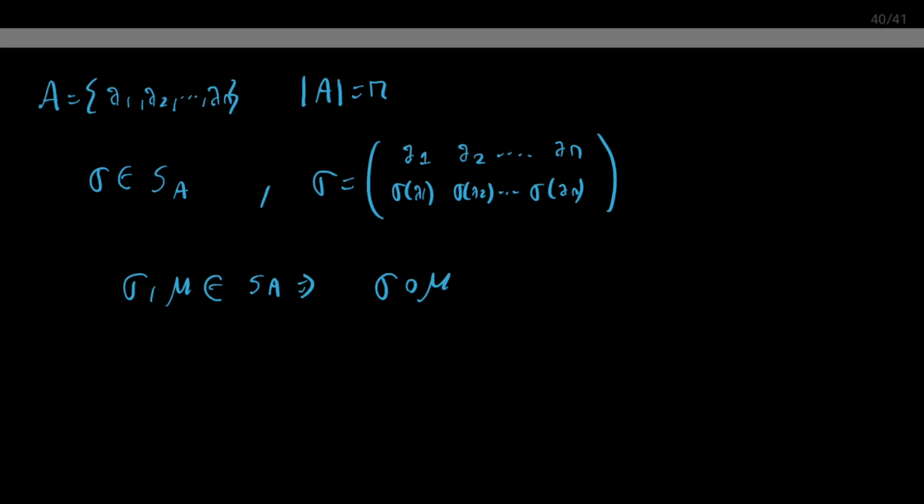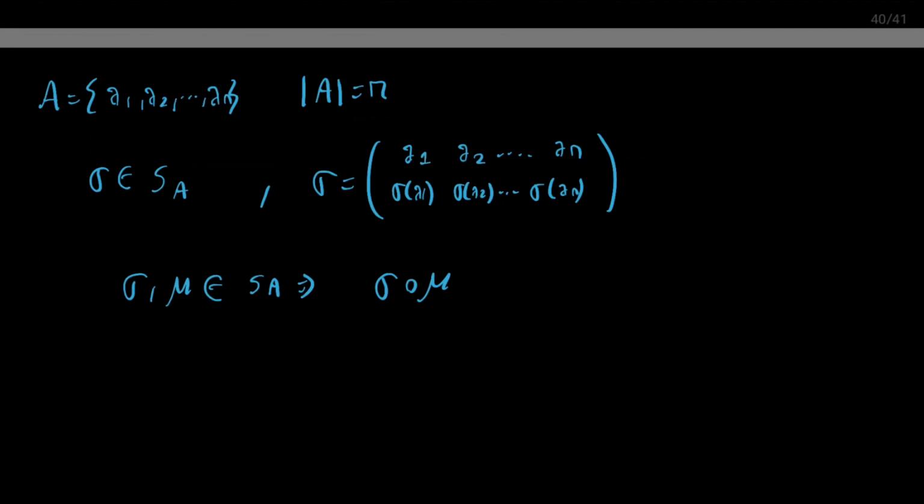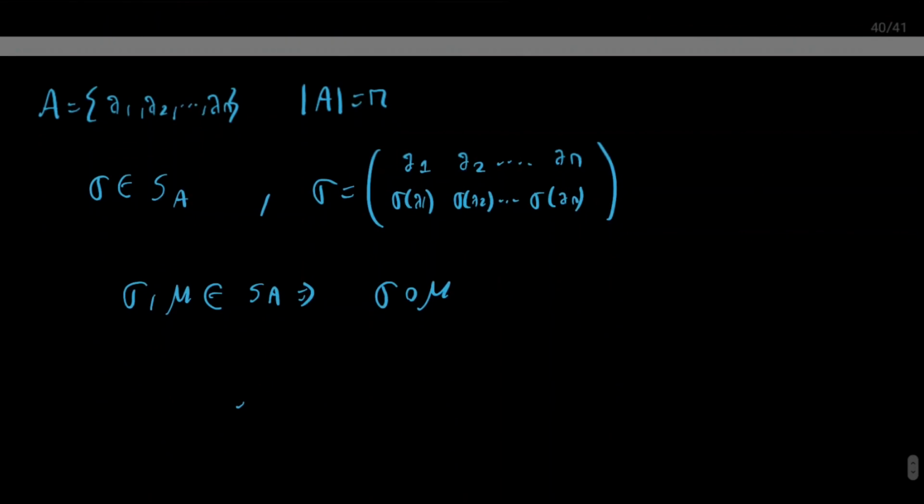And you can immediately understand why this notation can be useful to multiply. We will use the word multiply, but we really mean composing permutations. Imagine we're composing two permutations: sigma, as before, and then another permutation mu, which is going to be A1 mu of A1, A2 mu of A2, up to AN mu of AN.